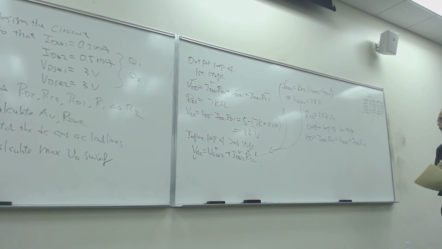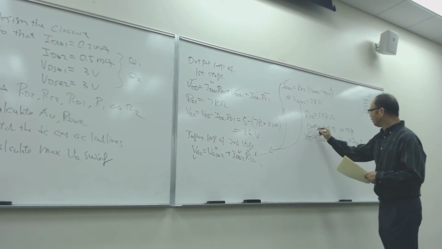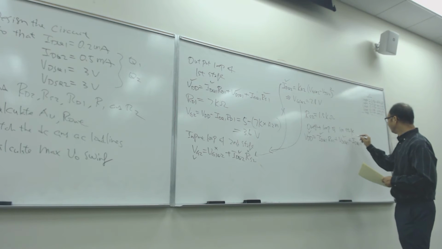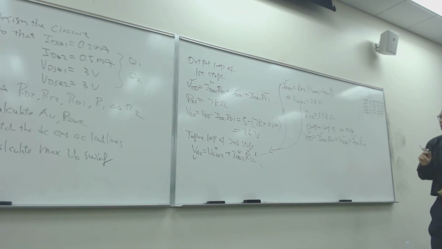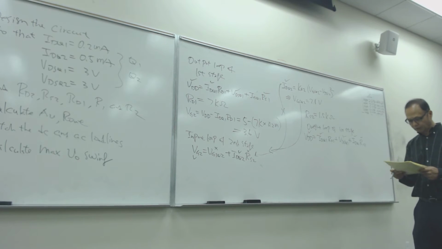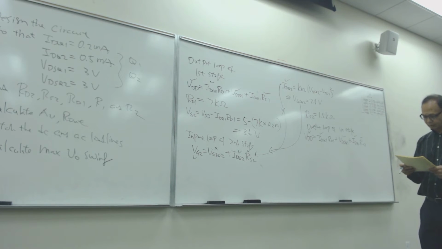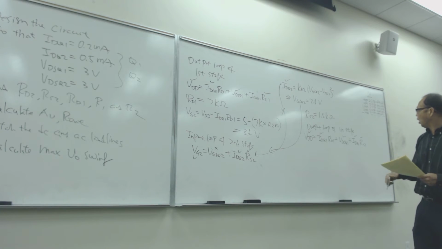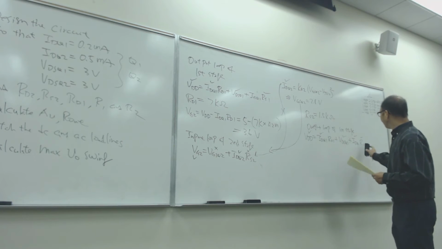Yes? All is unknown, yeah? So therefore, RD1 can be found. Huh? Yeah, second stage. Do the output loop of the second stage. So you already did the first stage. Oh, I found this already, yeah?